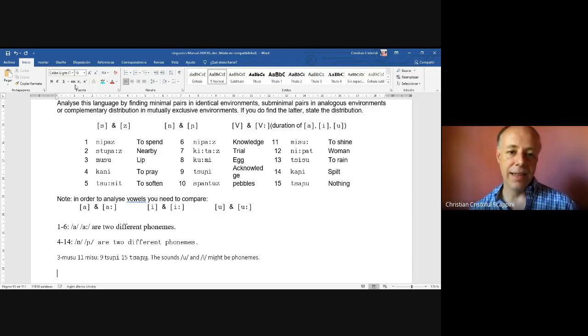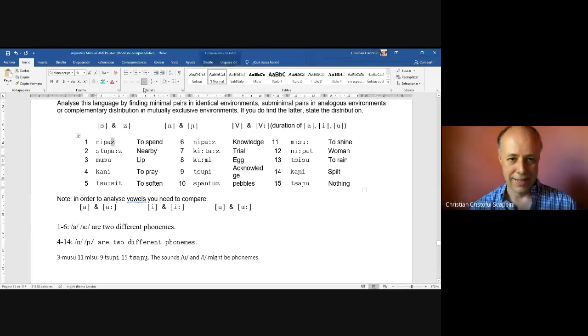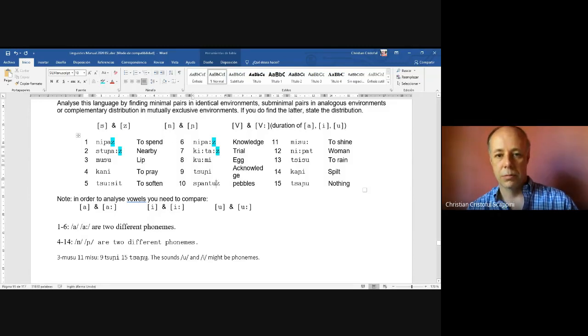And now the S and the Z. I need to find a minimal pair and I cannot find it. Sub-minimal pair. Let me do a T diagram of this. This one occurs in word final position, word final position, word final position. I can see consistency here. Let me check all of them. Yeah, apparently all of them. Not here.